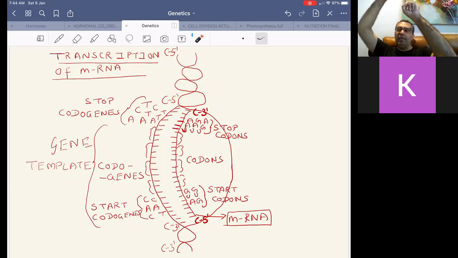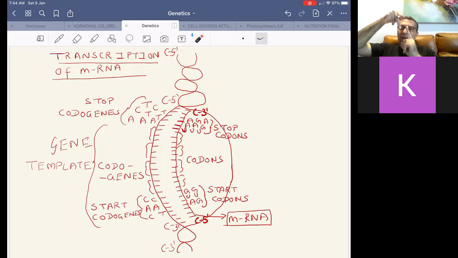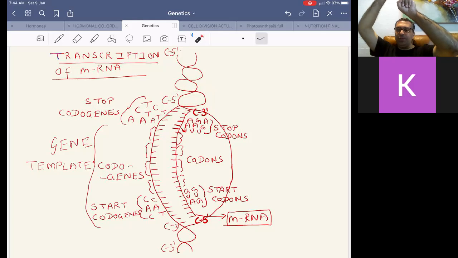So it was looking like this. Gene number 11,111. Helicase breaks hydrogen bonds and the two DNA strands uncoil. So it will now look like this.